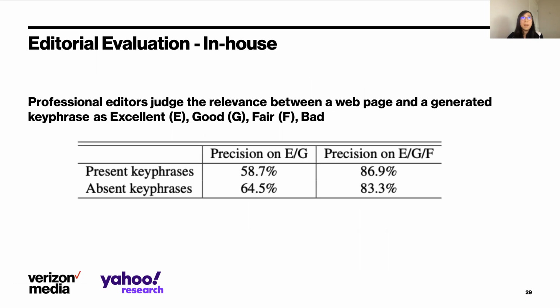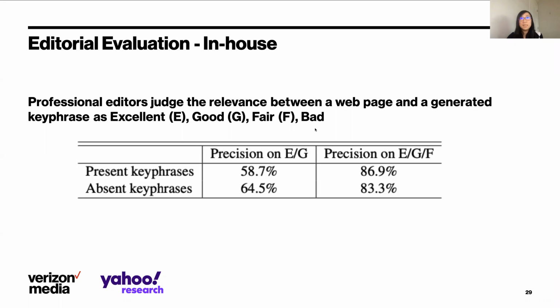So we did some editorial evaluation for our in-house data sets. We randomly sample some web pages and let the model generate the key phrases. Then we ask professional editors to judge how relevant these keywords are to the original page content, and they give a grade of excellent, good, fair, or bad.